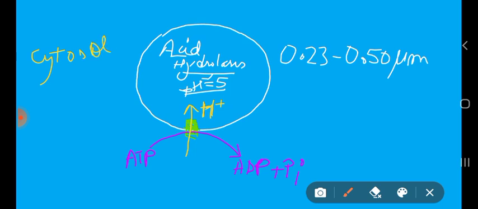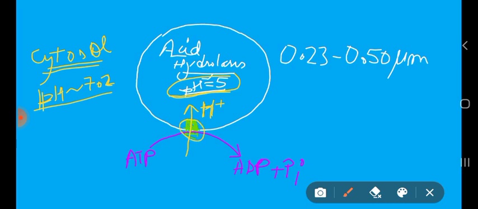outside the pH is quite higher, around 7.2. And inside the pH is around 5, as I have mentioned. So the lysosome consists of a number of acid hydrolase enzymes which are active only at acidic pH, and that's why we need this type of proton pumps.